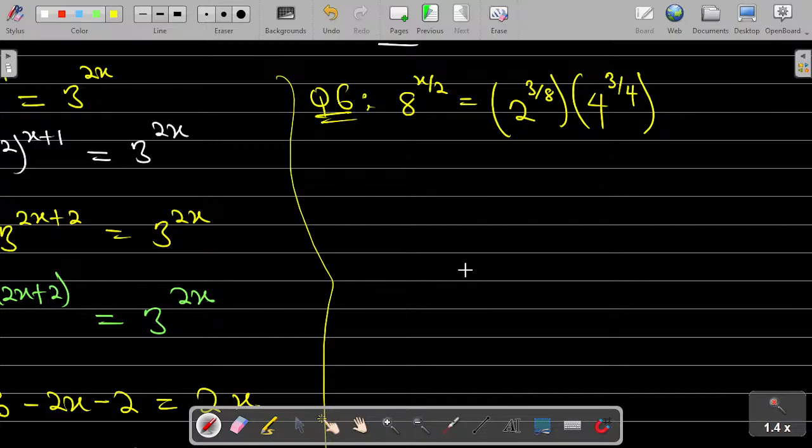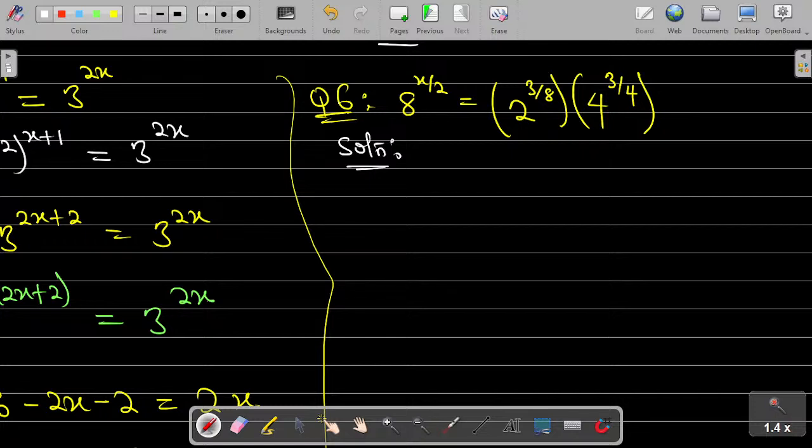So what possibly can we do here? We can choose to take everything to the same base, even though I'm seeing other methods, but those may not necessarily give us what we want. So always use the method that will give you the best approach, the fast and beautiful way of doing it. Okay, so let's quickly do that.